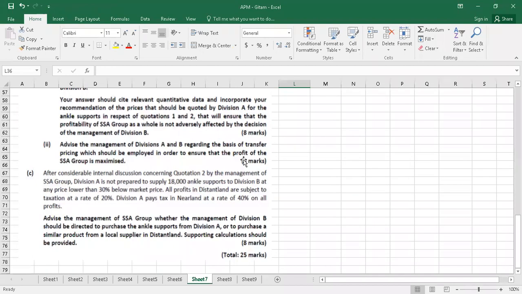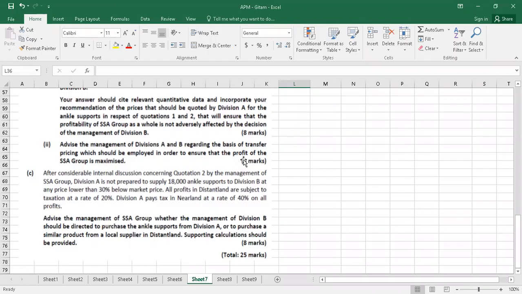Requirement C. Now requirement C says that after considerable internal discussion concerning quotation 2 by the management of SSA group, division A is not prepared to supply 18,000 ankle supports to division B at any price lower than 30% below market price.